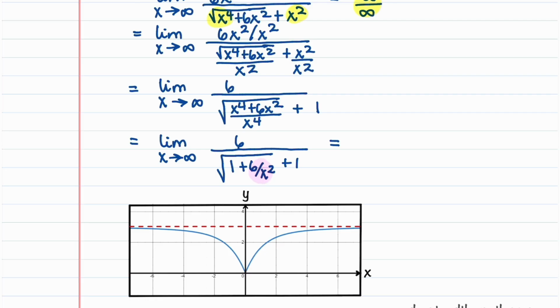So this term is going to go to 0, and we have a 6 all divided by the square root of 1 plus 1. So this is 6 divided by 2, which is equal to 3. So our limit is equal to 3. I've graphed this function down here at the bottom so that you can see that as x gets really large or really small, our function is going to go to the value of 3.